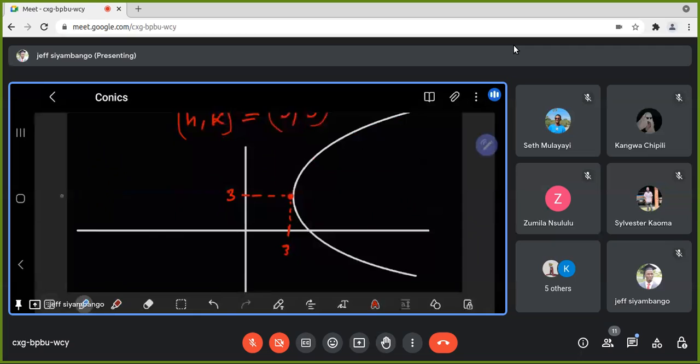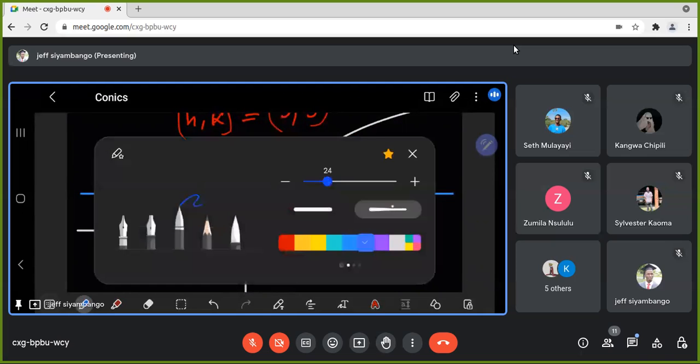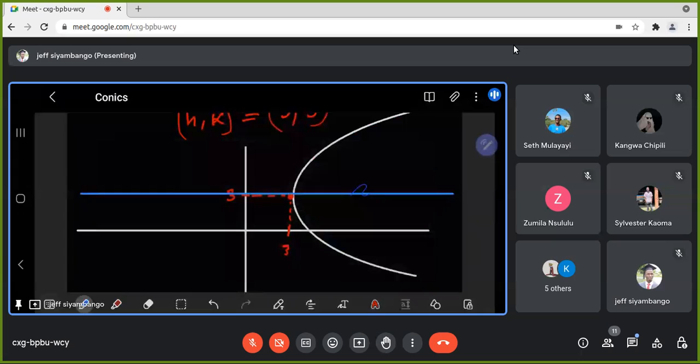Once we have made sure that the vertex is at (3, 3), where will the focus be? Notice that this becomes the axis or the line of symmetry for our parabola, so the focus has to lie along this line. The distance from here to here is p, and the distance from here going backwards is also p.